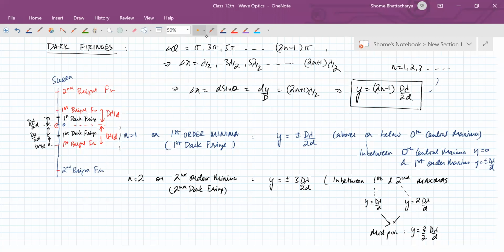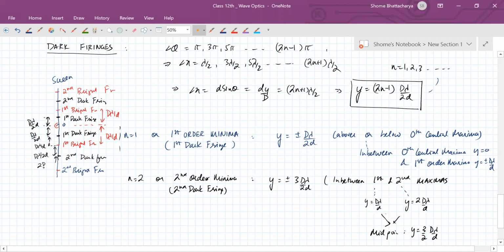Now right in between this and this, you have the second dark fringe. So again, the total distance between the first bright fringe and the second bright fringe is d lambda by d. But at the midpoint of these two, you have the second dark fringe, like that.